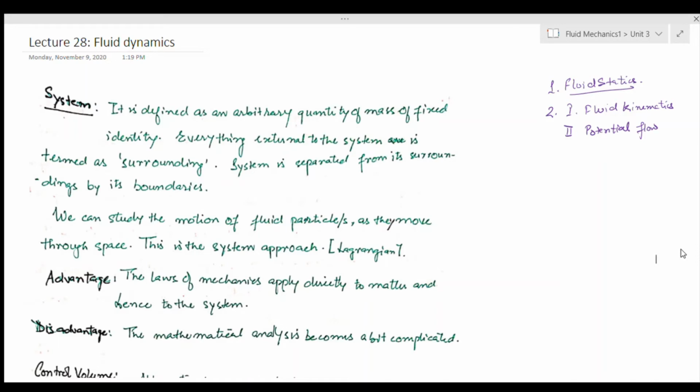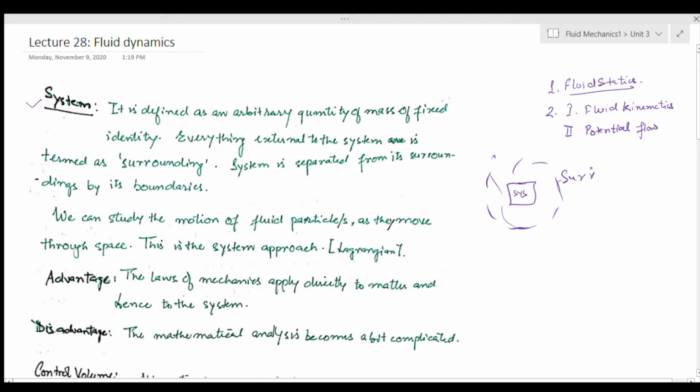We will be talking a lot about this term known as system. Now what is a system? It is defined as an arbitrary quantity of mass of fixed identity. Arbitrary quantity, it could be small or big. Everything external to the system is termed as surrounding. So let us say that this is something which is called system, and everything outside here would be surrounding.